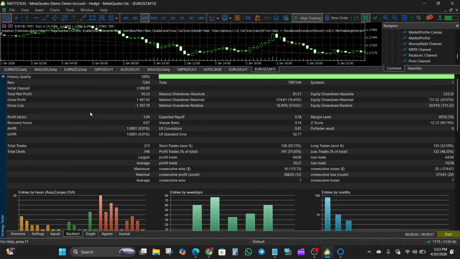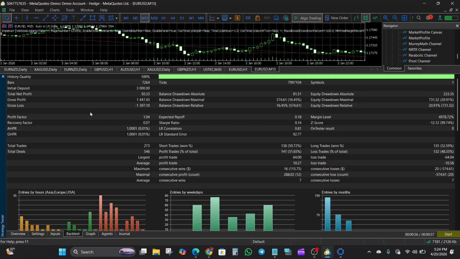But remember that no EA guarantees the same performance in the future. Like we say, past performance does not guarantee future results. The fact that an EA yielded particular results in the past doesn't mean it's going to give the same results in the future.